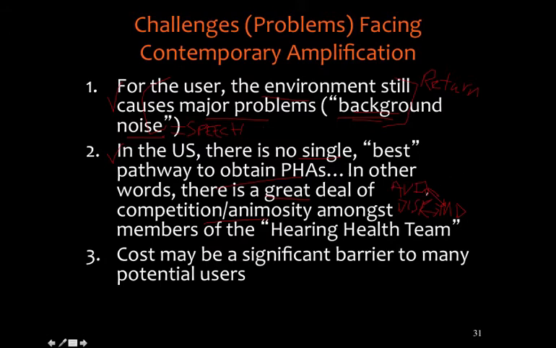but there's a possibility of a number of ways of conflict here, simply because the hearing aid itself is something that can produce a lot of revenue. Cost of hearing aids may be a significant barrier to many potential users. The cost may be such that this would prevent some people from getting hearing aids.